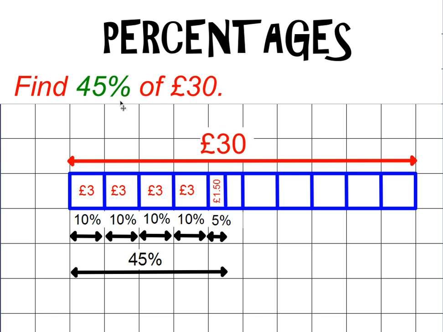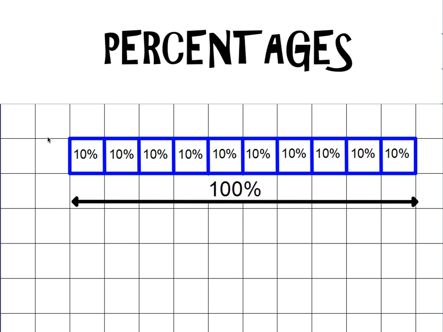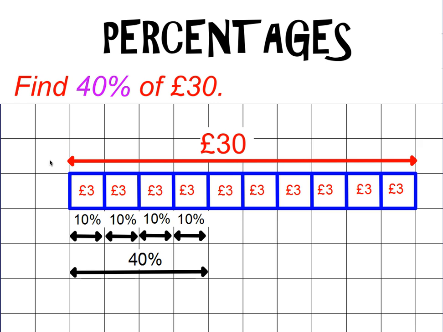To find 45%, first we divided our whole 100% into 10% boxes by dividing by 10. This meant that we could find 10% is £3. But then we needed to find 5%.